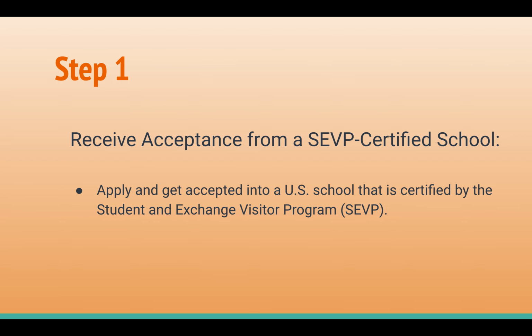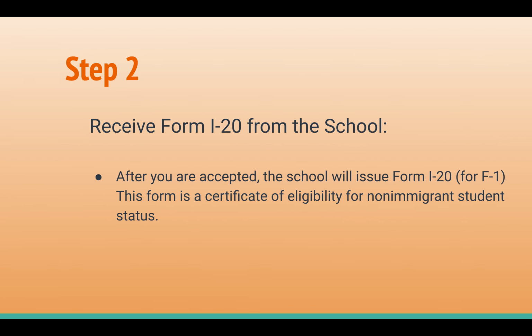After that, you need to receive a form I-20 from the school that you're gonna apply to. So the first step is you need to get acceptance from the school, and then you need to get an I-20 from that school.